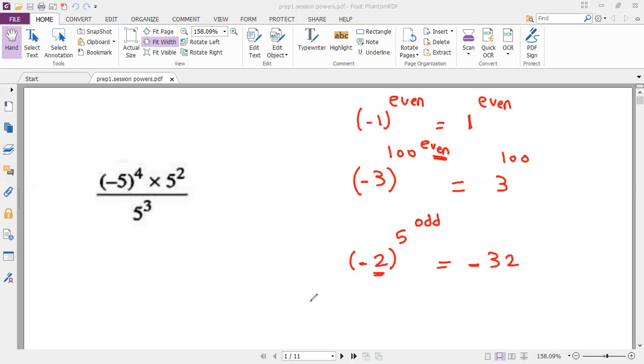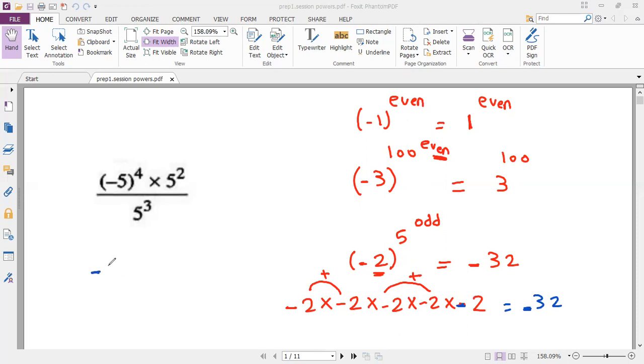Let's analyze it. -2 raised to the power of 5 is the same as -2 multiplied by itself 5 times. Negative times negative is positive, and negative times negative is positive. And positive times positive, multiplied by negative, will be negative. So it's negative 32. I'm not caring about the value, but about it being a negative number.